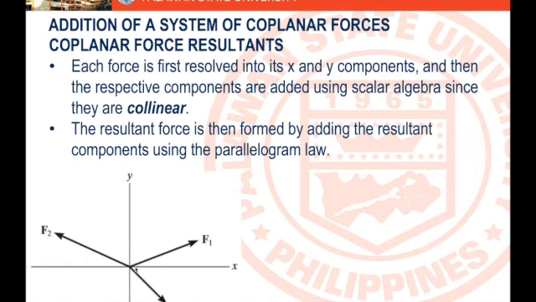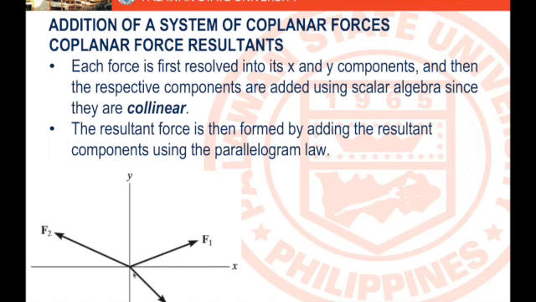So we have here force 1, force 2, and force 3. You can imagine, in this Cartesian coordinate plane, we can resolve F1 into its y and x components. That's the same for F2, y and x components. Same for F3, also y and x components.